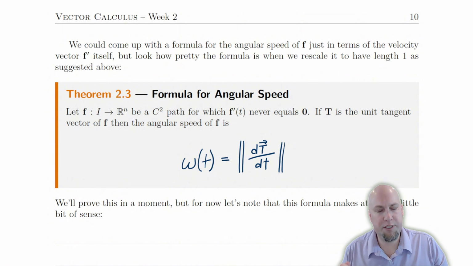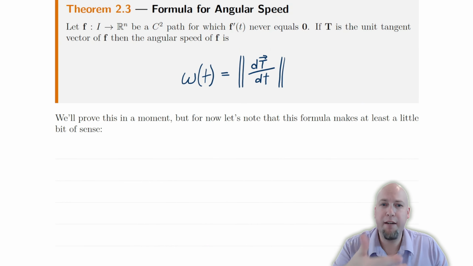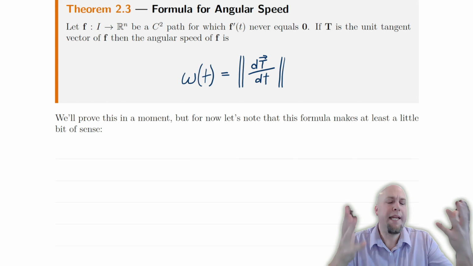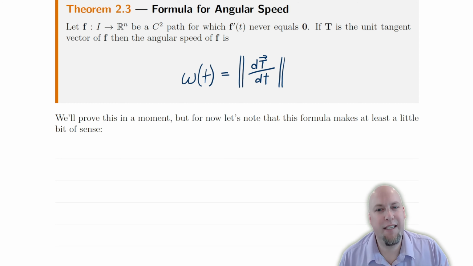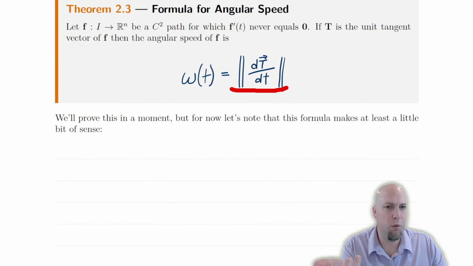Okay, again, we're going to prove this in a second, but before that, I want to convince you that the formula at least makes some intuitive sense. Why might we expect that the angular speed, remember, the thing involving the angle between velocity vectors, would be measured by this quantity here?